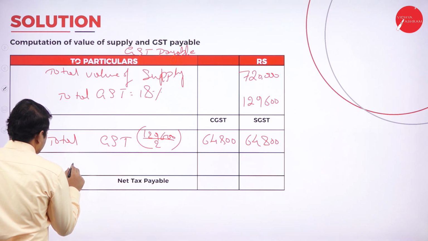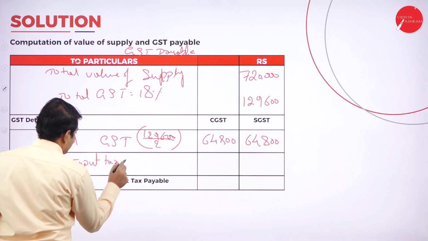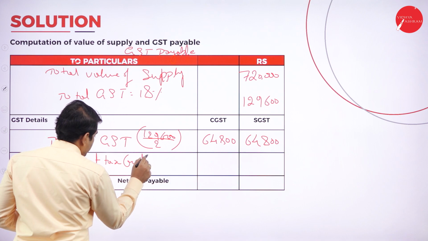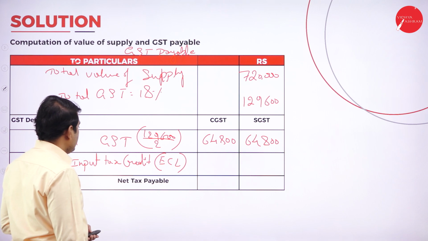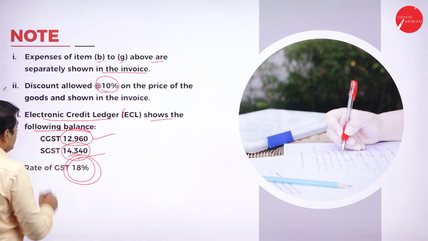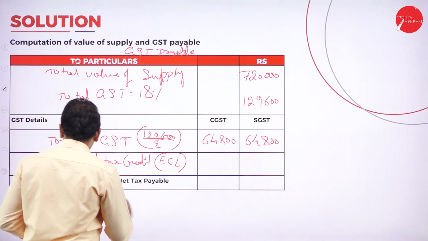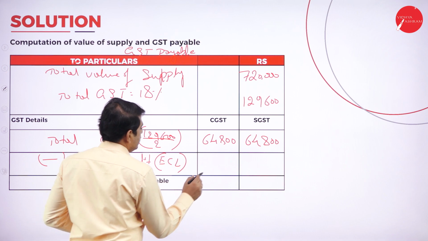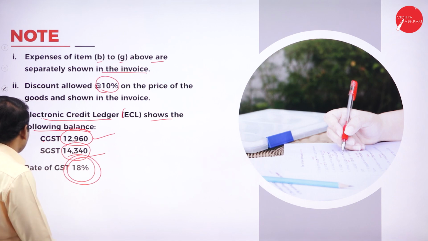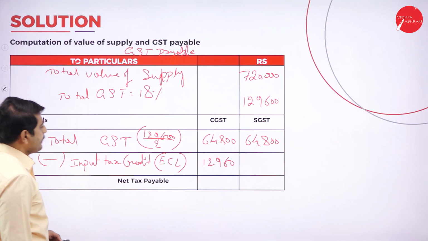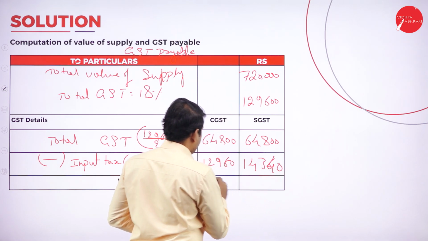So the input tax credit according to the electronic credit ledger: how much is it? CGST is 12,960, so we can deduct CGST 12,960. SGST is 14,340, deduct it.